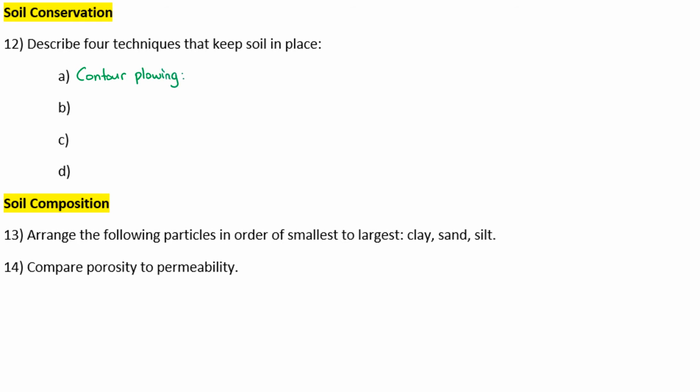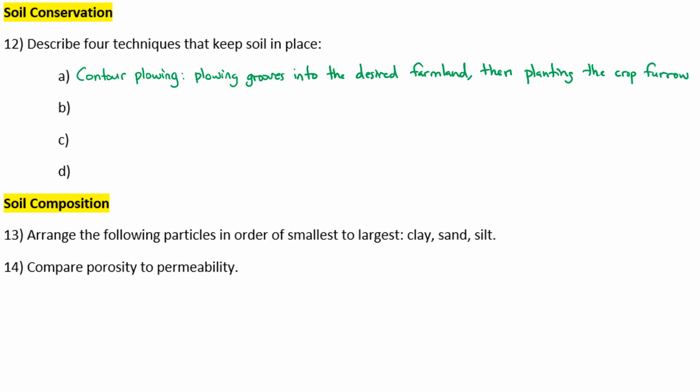Contour plowing is plowing grooves into the desired farmland, then planting the crop furrow in the groove and following the contours.